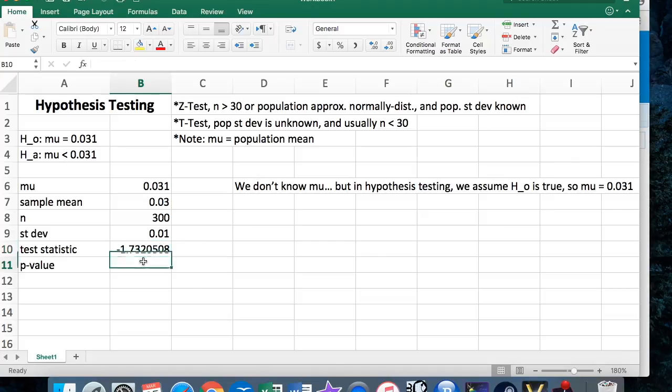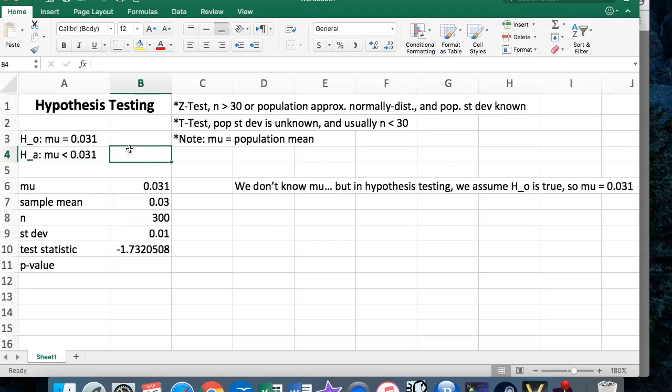Now, how do we find our p-value? Well, remember, this is simple. The p-value is just the probability, or the area, found using your test statistic as the dummy variable, in the direction of your tail test. So remember here, mu less than 0.031. This means we're looking for how much smaller than 0.031 we can get before we're not considered 0.031 anymore.